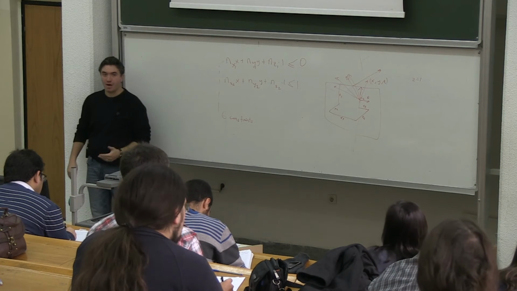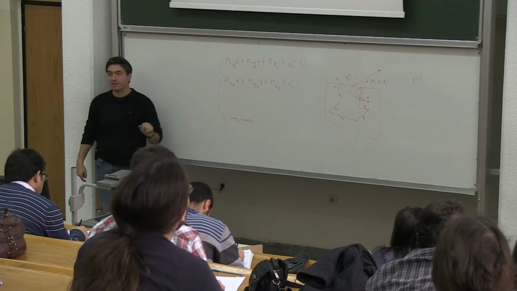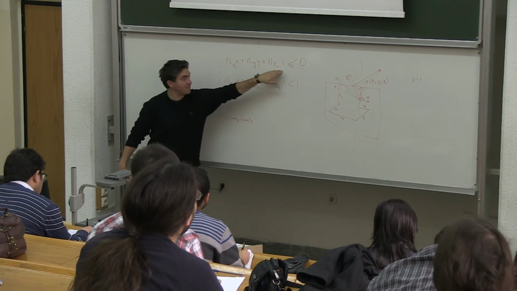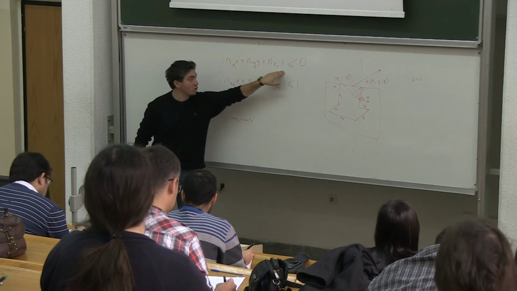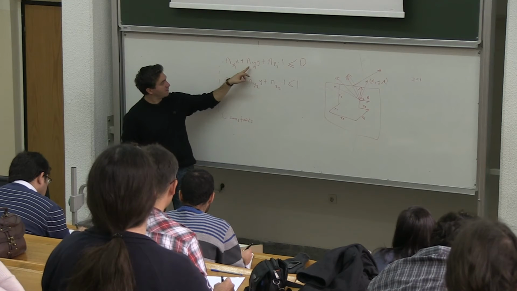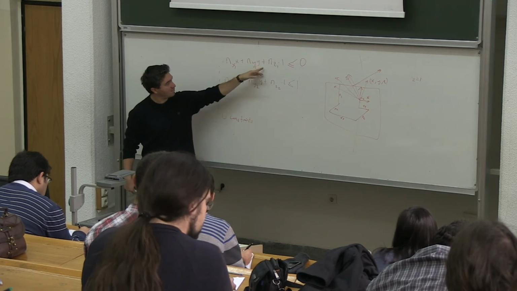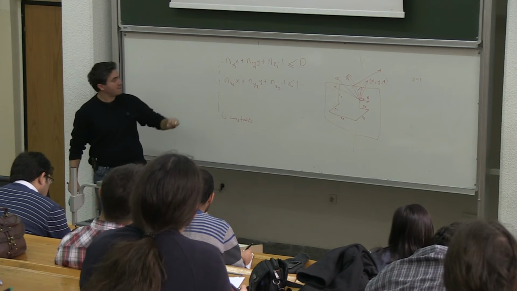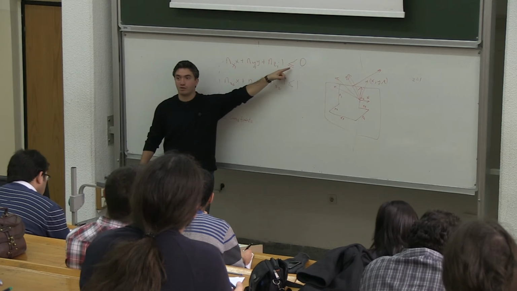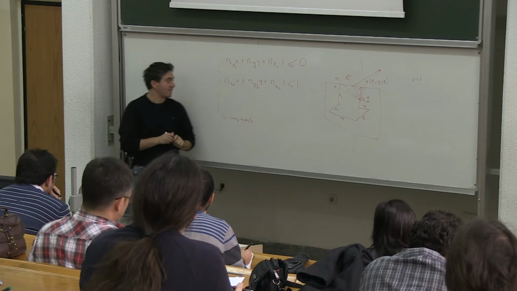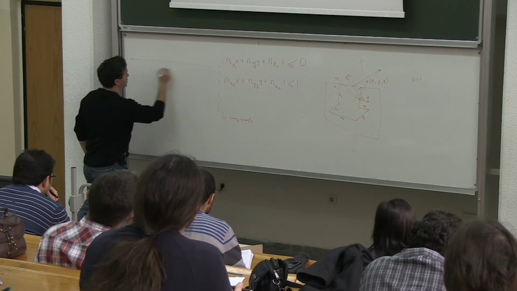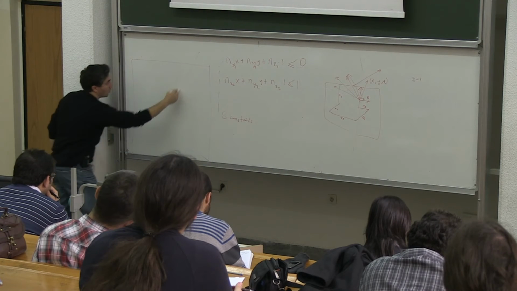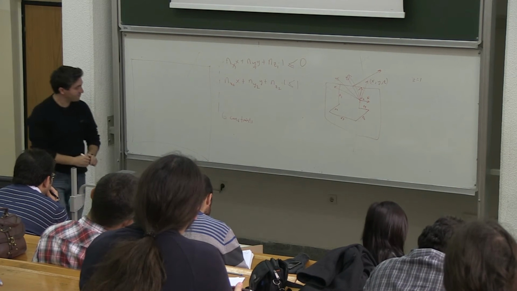Since each of these constraints is linear, nx x plus ny y plus nz defines a line on the xy plane, and everything that is smaller than 0 defines a half plane. So in our solution space, one of these constraints is going to be a line like this.